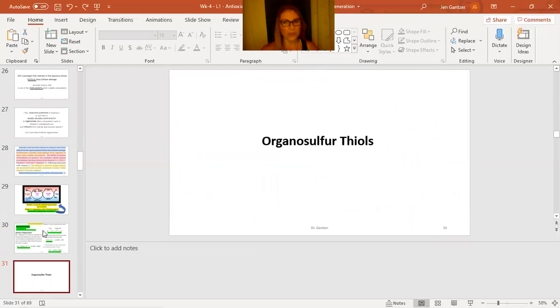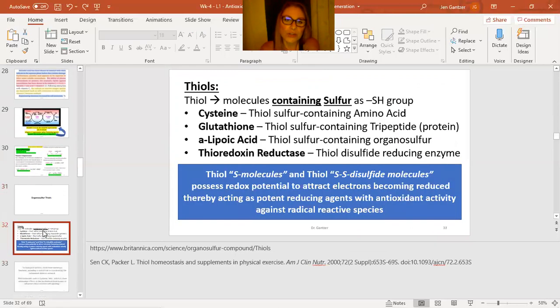And what about glutathione? These are organosulfurs, and they are categorized in a molecule category called thiol. So be sure you learn that a thiol is a molecule that contains the sulfur group. Very, very, very important. We will learn sulfur metabolism in another biochem class.